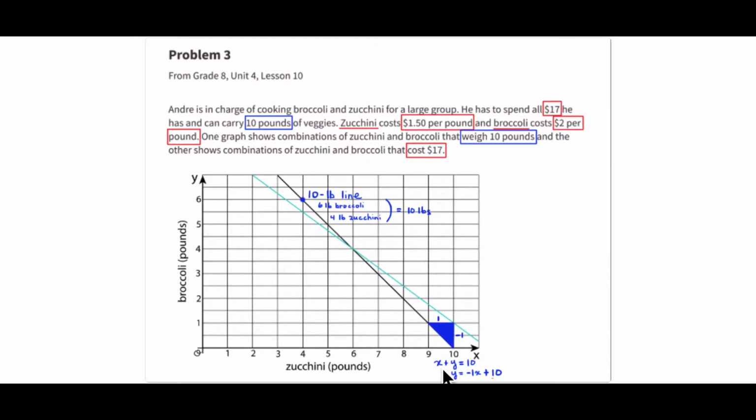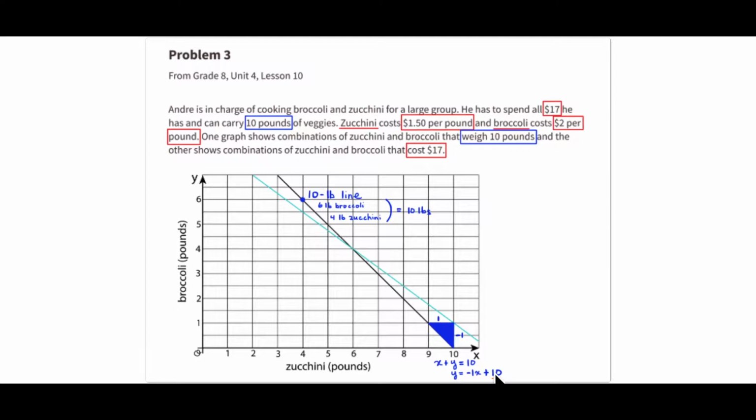And we know that the broccoli plus the zucchini equals 10. So the pounds of zucchini plus the pounds of broccoli equal 10 pounds. So if you rewrite this equation in the slope-intercept form, you're going to get a slope of -1. That's a negative x or -1x right there. And so if you add a pound of zucchini, 1 times -1 is -1, plus 10 is 9.